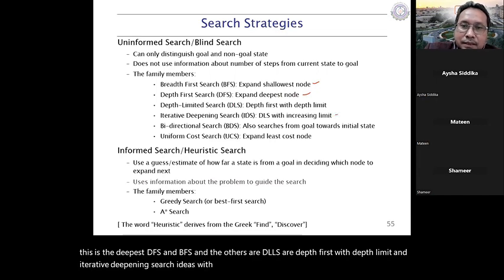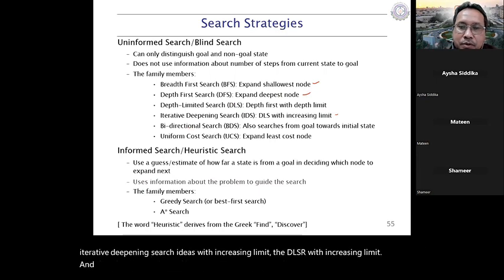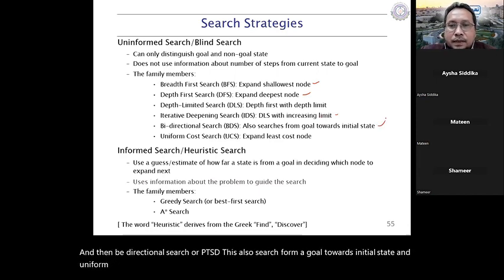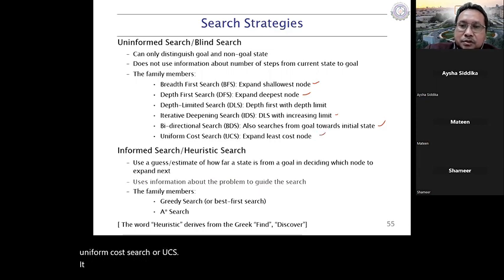Then there is bidirectional search, BDS, which also searches from a goal towards the initial state, and uniform cost search, UCS, which expands the least cost node.